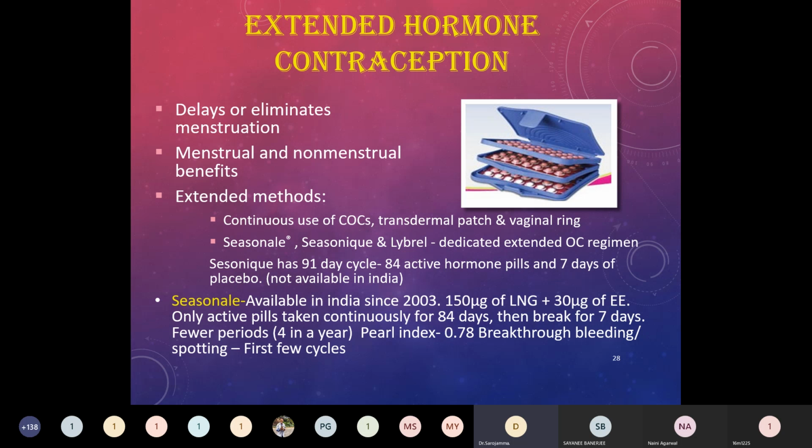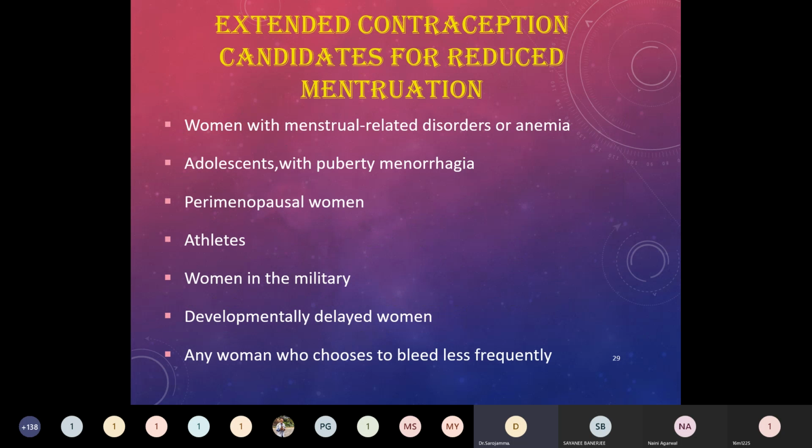It contains 150 microgram of levonorgestrel and 30 microgram of ethinyl estradiol. There are 91 pills in the pack, and the active pills are taken for 84 days continuously with a 7 days break at the end of 84 days. The advantage is that they have fewer periods and less bleeding.